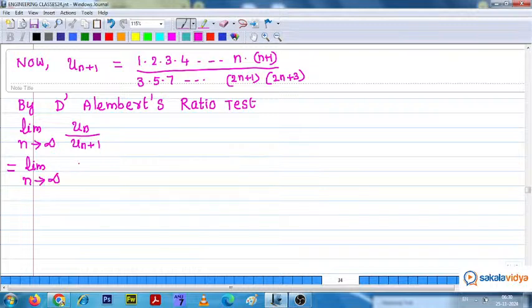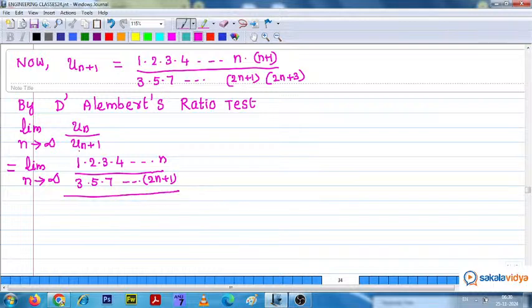Let us replace un. Un is 1 into 2 into 3 into 4 and so on to n divided by 3 into 5 into 7 and so on to n plus 1, divided by un plus 1, the n plus 1th term. The n plus 1th term is this one.